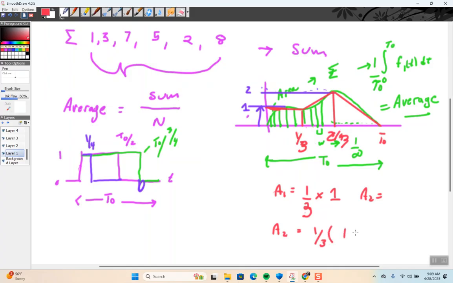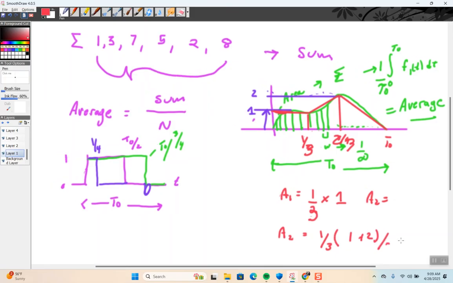Area 2: the height is 1 plus 2 divided by 2. And then the area of 3 is 1/2 because it's a triangle. The height is 2 and the base is 1/3.